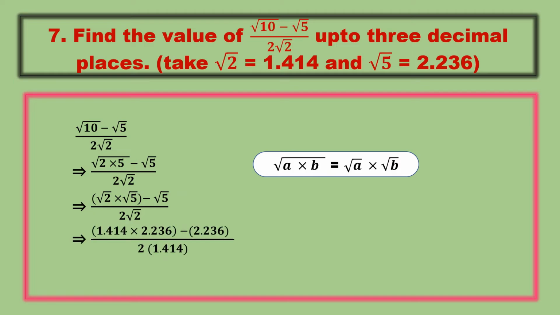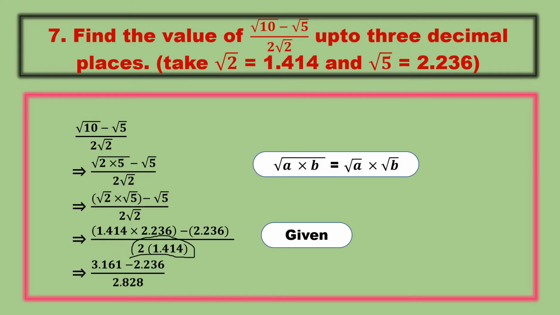Now multiply them: 1.414 into 2.236 gives you nearly 3.161, and this 2.236 I have written as it is, and when you multiply 1.414 with 2, you will get 2.828. Now subtract these two, 3.161 minus 2.236 gives 0.925 by 2.828. The division of this will give you 0.327.